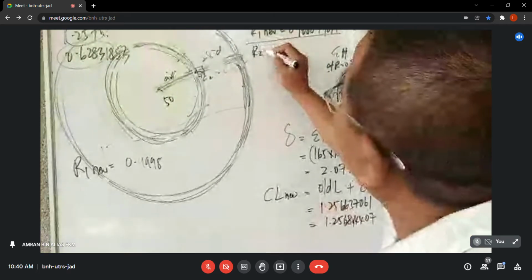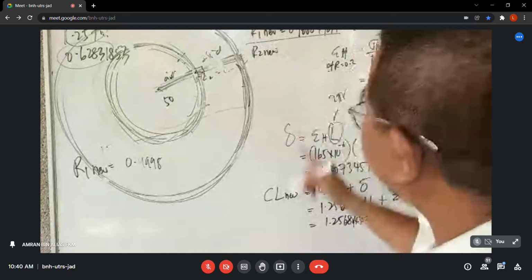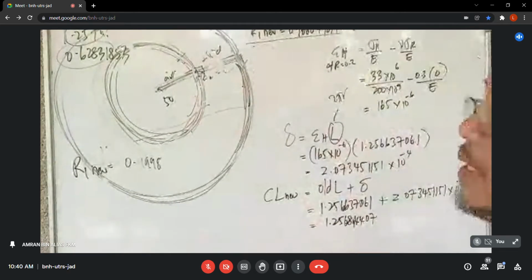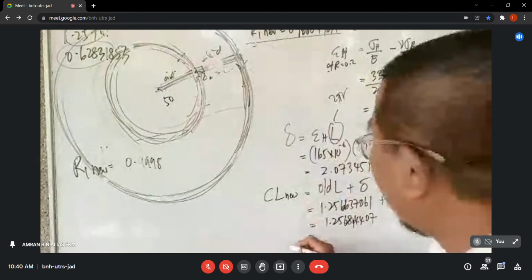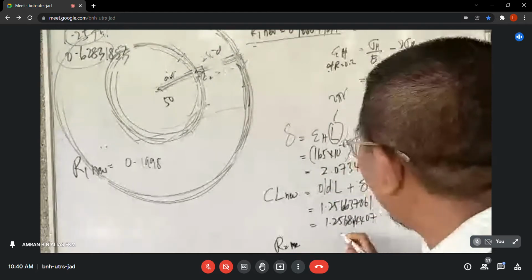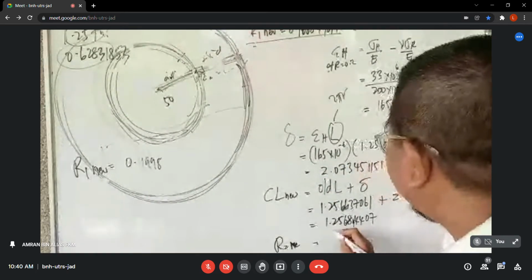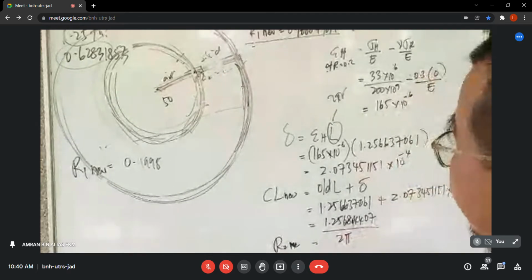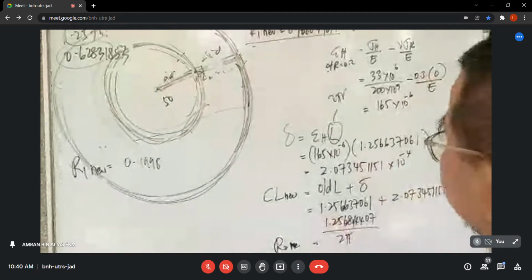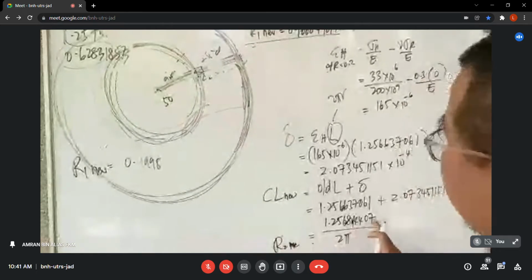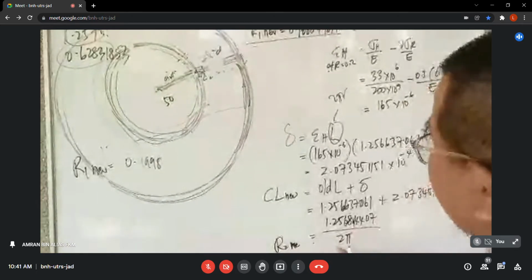So R2 new. Sorry, this is not R, this is a circumferential length. So what is R2 new? That one divided by 2 pi. Are you with me, guys? 2 pi r is equal to that length, so the new r is divided by 2 pi.